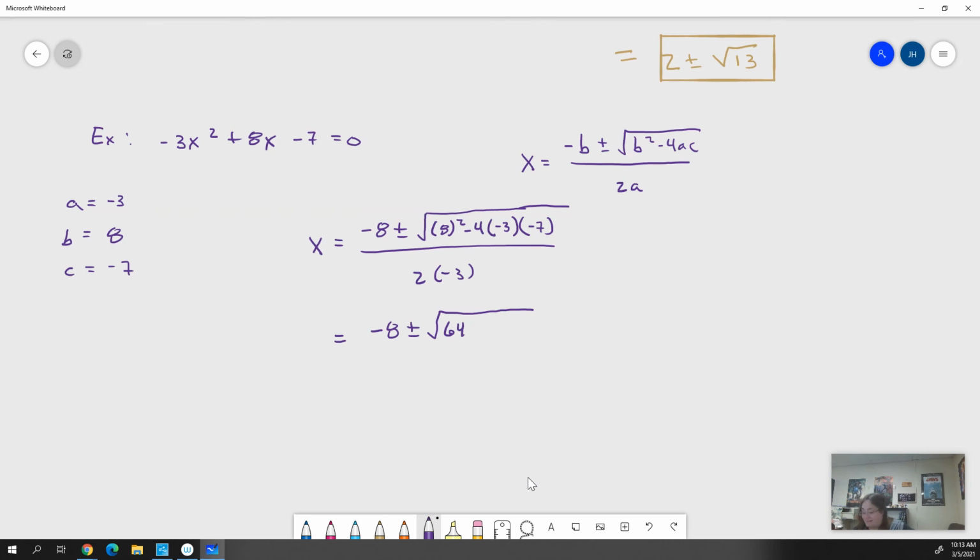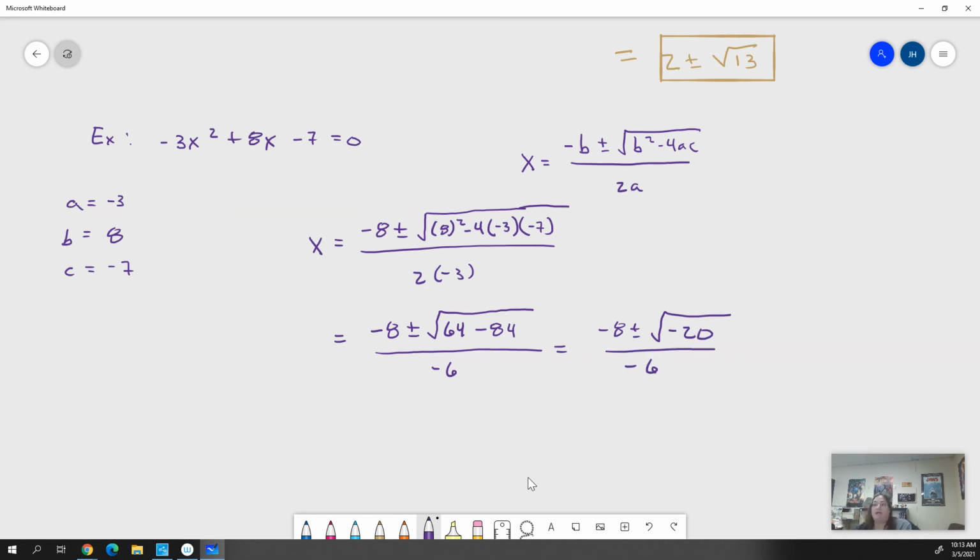And if we multiply it times negative 7, we get negative 84, right? And all of this is over 2 times negative 3, which is negative 6. And when we go to work with that, we get negative 8 plus or minus, well, 64 minus 84 is negative 20 over negative 6.